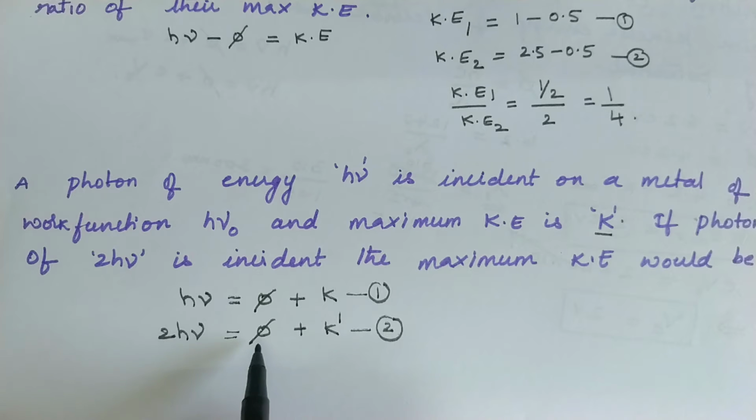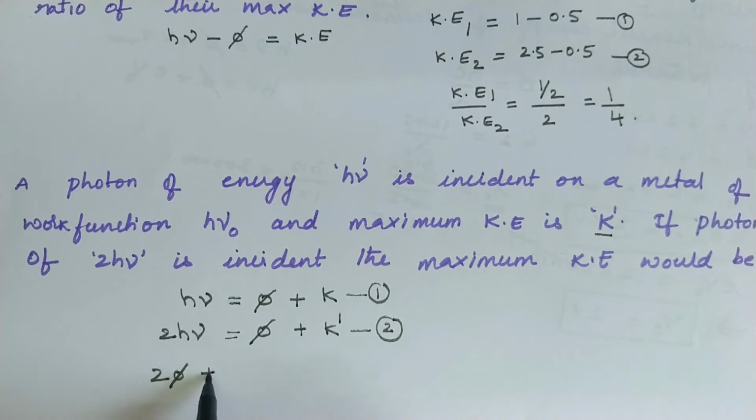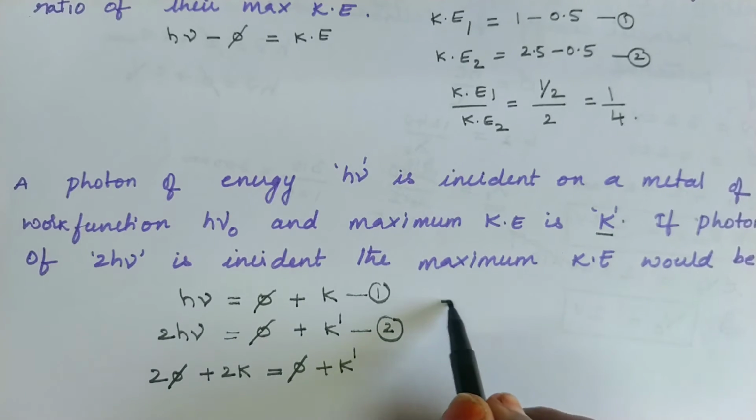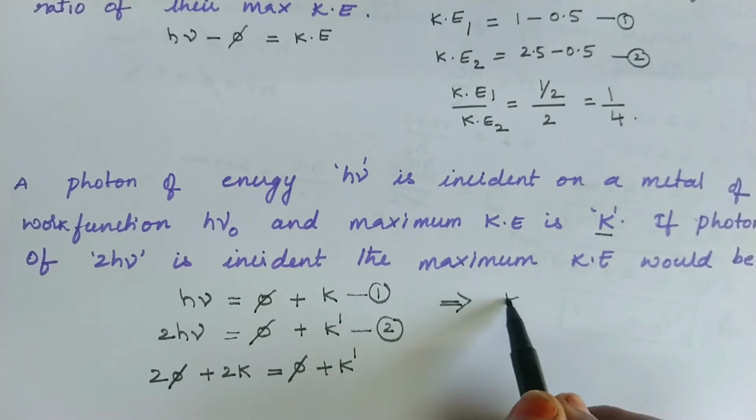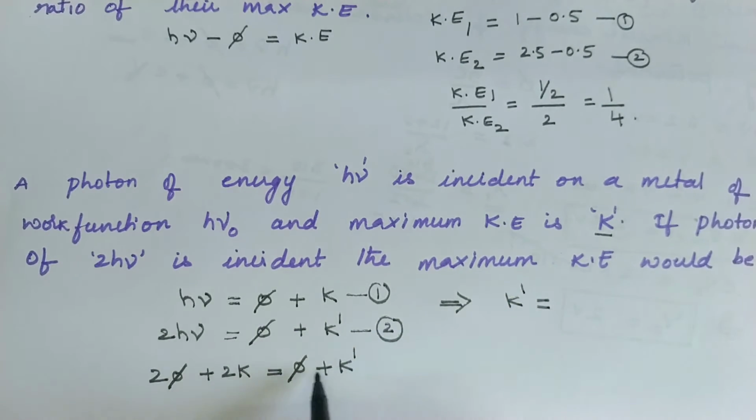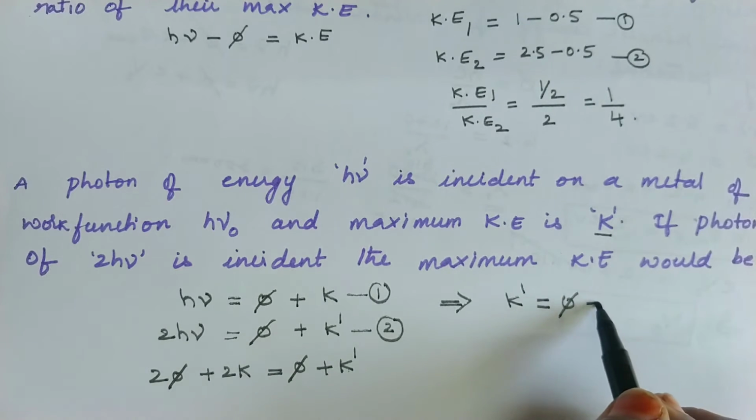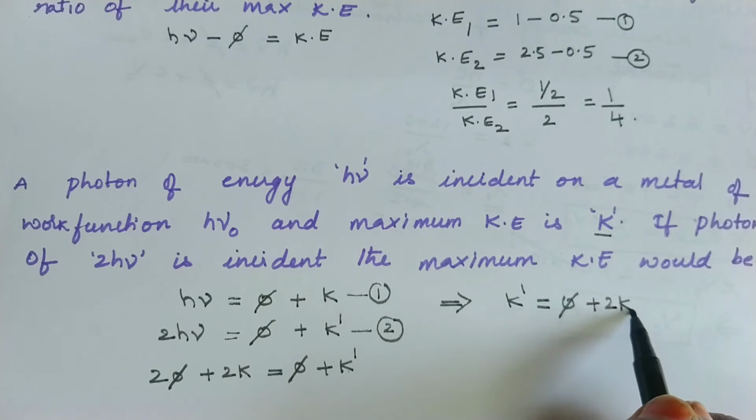I am going to give the answer in terms of work function and K. So if I eliminate h nu, substitute h nu from equation 1 in equation 2: 2 phi plus 2K is phi plus K dash. This implies K dash is equal to 2 phi minus phi, that is phi, the work function, plus 2K.